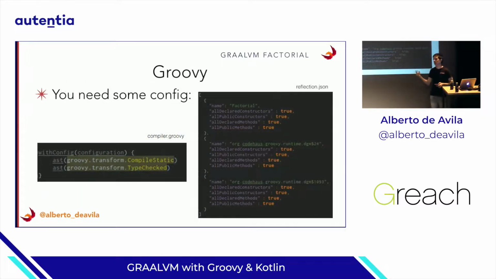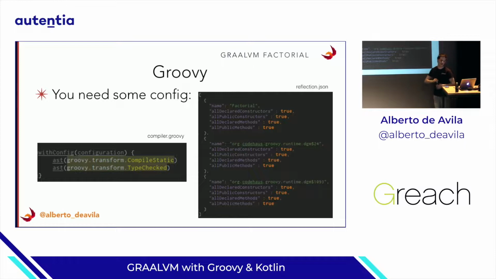You need to configure two files. The first is optional. You have to write the compiler.groovy if you want to write the annotations for your Groovy files. You have to put the CompileStatic annotation, but if you want to, you can write it at the top of your Groovy file. And you have another file, the reflect.json.